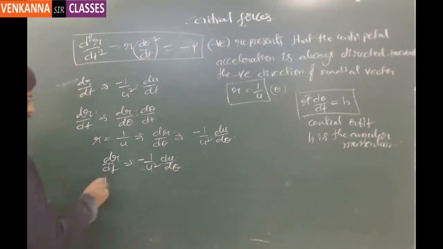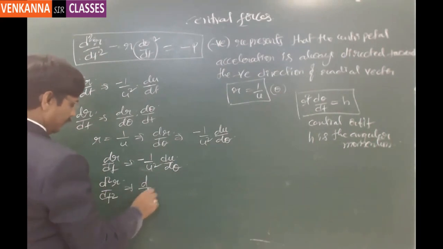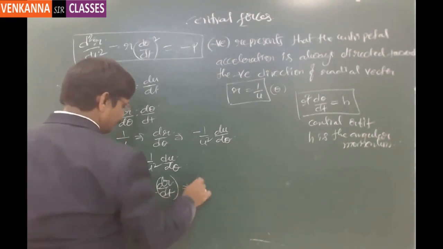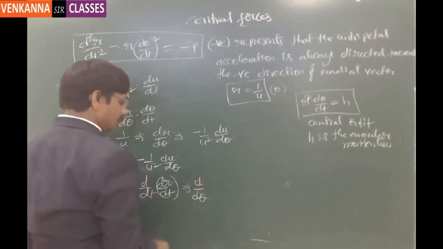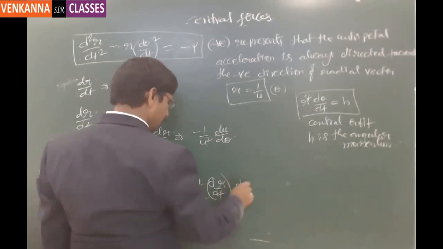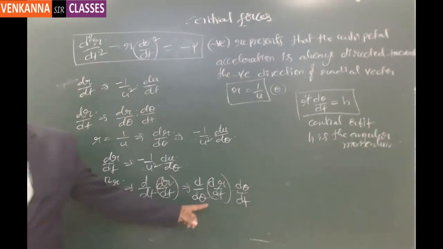Now if you take the derivative again so that you can calculate d square r by dt square, it is equal to d by dt of dr by dt. This can be further expressed as d by d theta of dr by dt into d theta by dt. So this is actually the chain rule that I am using here.